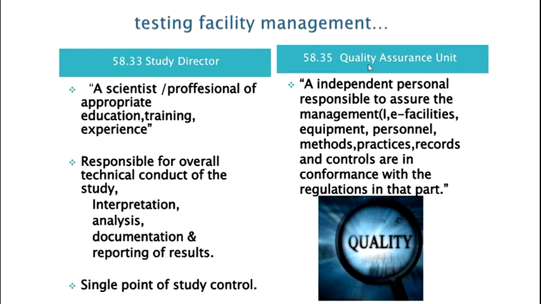You can say your quality assurance unit is successful only with the help of the management. That is, there should be proper managing people taking care of the quality assurance unit with respect to education, training, and experience, and there should be interpretation of the results, analysis, documentation, and reporting of the results that has to be done.